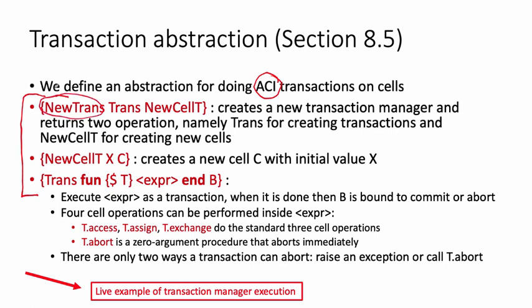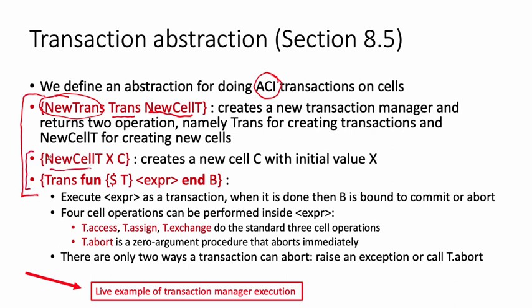So new trans will actually create a whole new system of transaction manager. And there's two operations. Trans for starting a new transaction, and new cell for creating cells that are managed by the transactions. So I have these two operations.